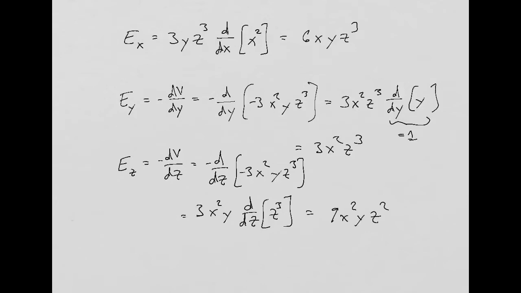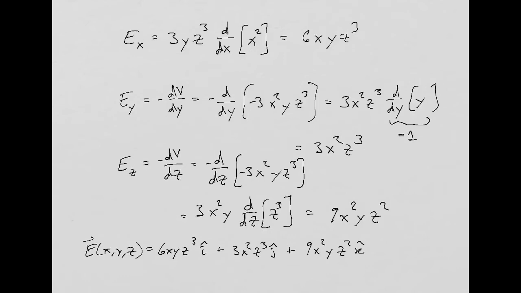So in theory, you could write a vector for the electric field, which is a function of x, y, and z. You could write it like this. 6xyz cubed i hat plus 3x squared z cubed j hat plus 9x squared y z squared k hat.